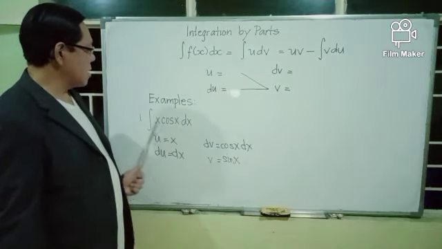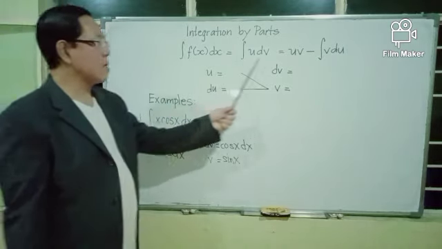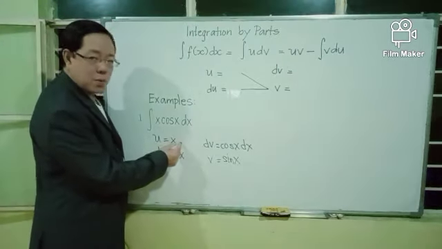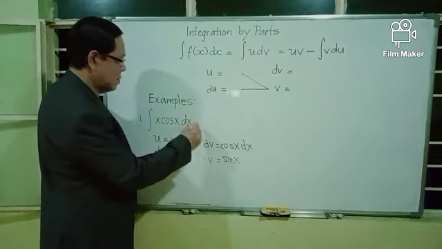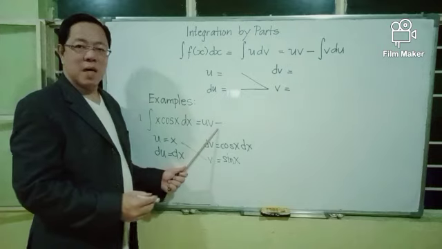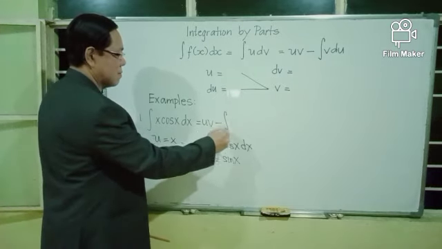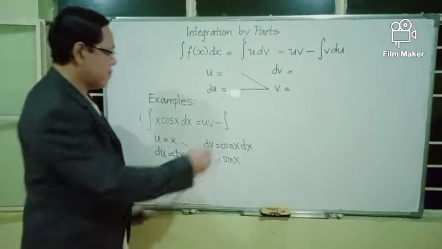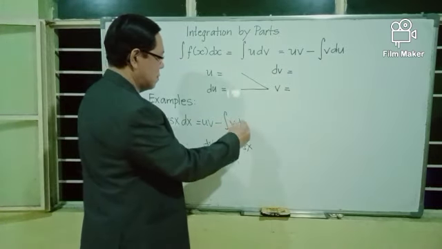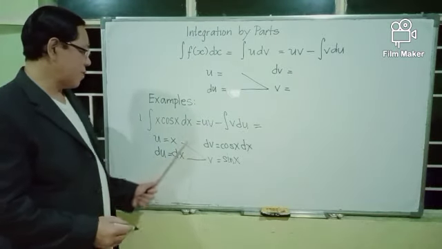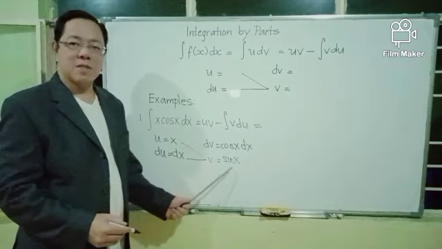So the given integral is now equal to the product of uv, u multiplied by v, minus, it's always minus, the integral of v du. u is x multiplied by v, sine x.